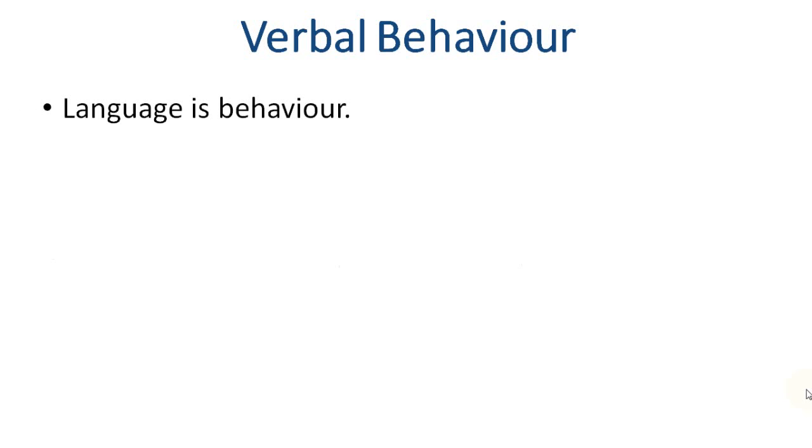So we usually make assumptions about language that we would not make about other behaviors. When we talk about verbal behavior as opposed to language, verbal behavior as a term emphasizes activity, whereas language emphasizes a possession, as if we had a faculty.